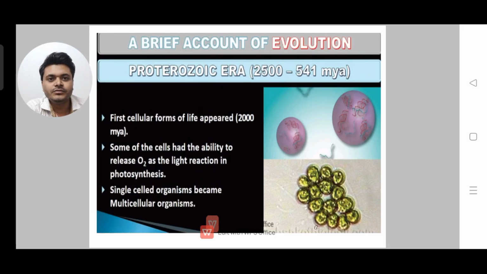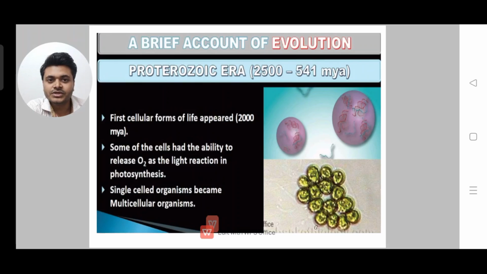So let's move to the topic Proterozoic era, that is from 2500 to 541 million years ago. So first cellular forms of life appeared here, that is 2000 million years ago.